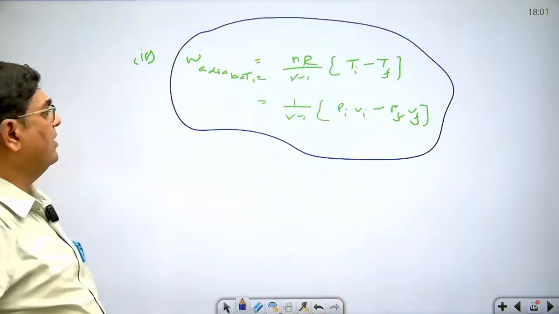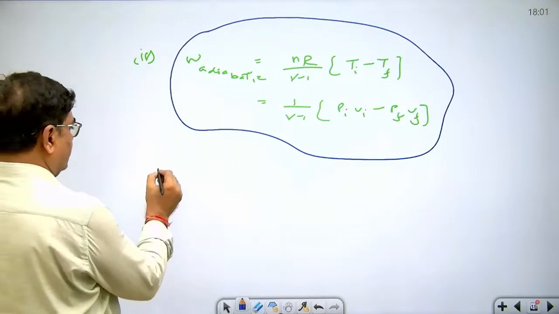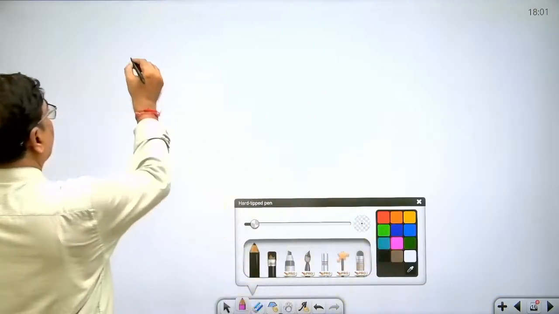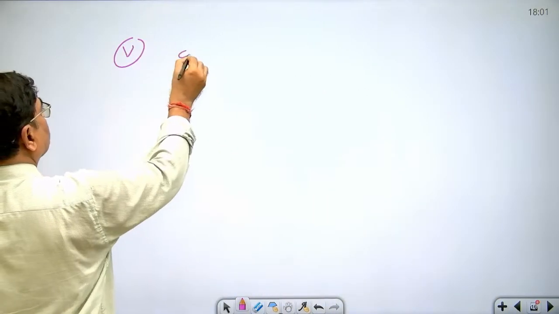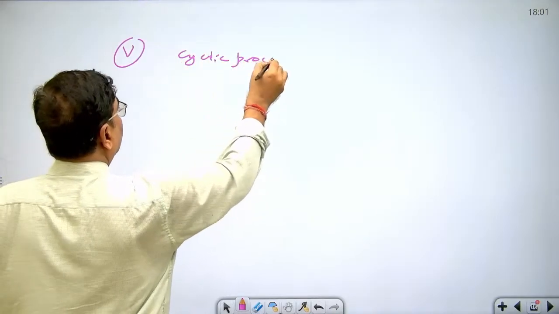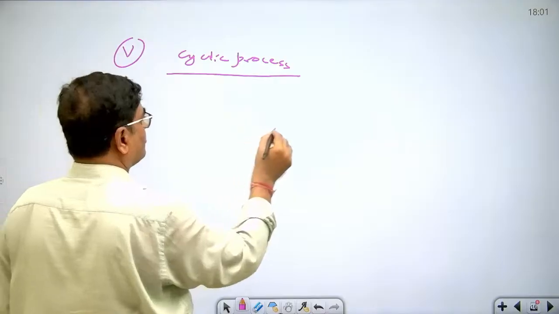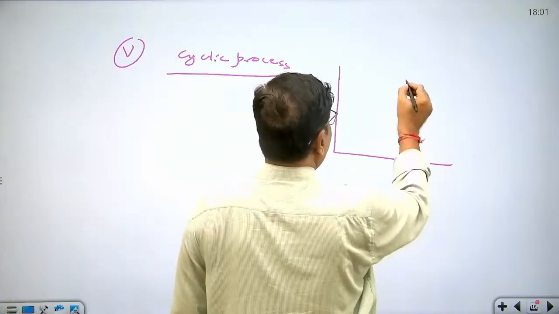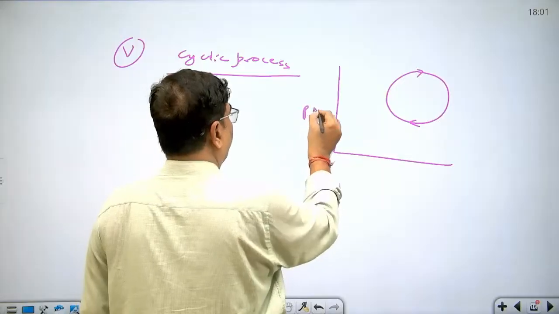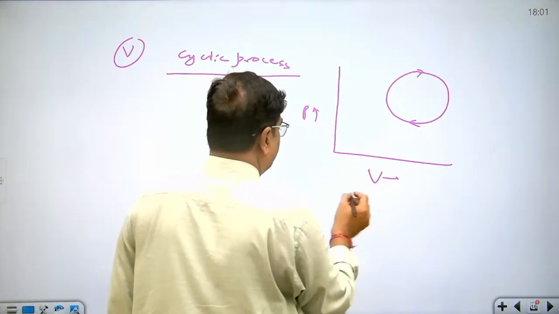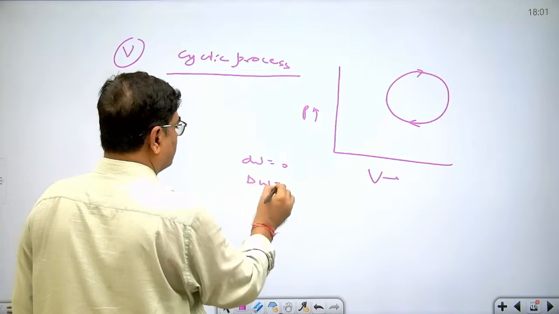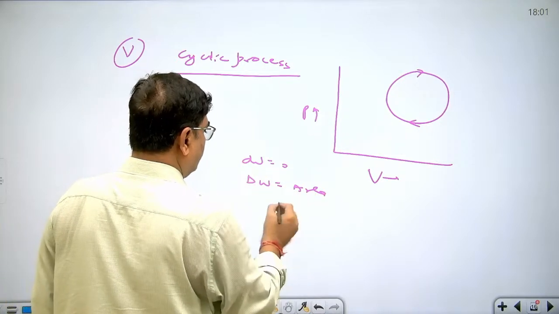Okay. In case of cyclic process, dear student, change in internal energy remains 0 and work done by gas equal to area enclosed by the loop.